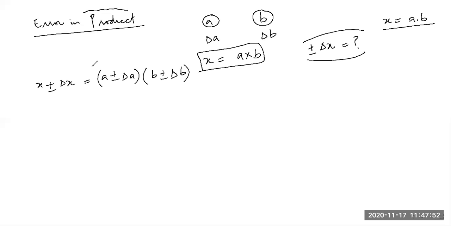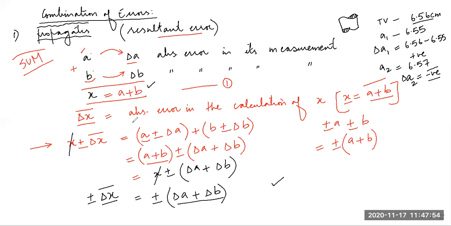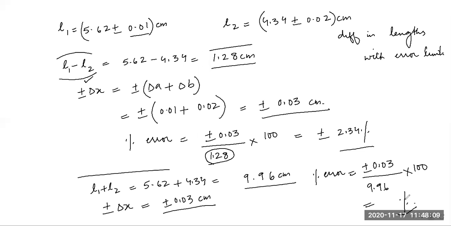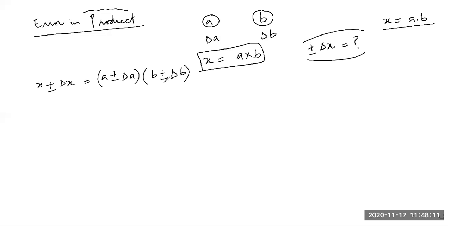When we wanted to add them, we wrote A plus minus delta A plus B plus minus delta B. When we subtracted them, we wrote A plus minus delta A minus B plus minus delta B. Now we want to find the error propagation when we multiply them.